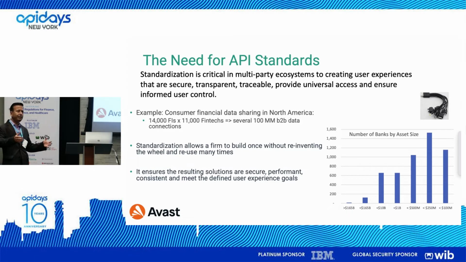Is that an account category or an account type? You can use the terminology. And if you're a data recipient, you can build once and reuse your implementation multiple times. It makes the resulting solutions secure, performant, and you can make sure that you're meeting your user experience goals versus spending all your money on solving the integration challenges.